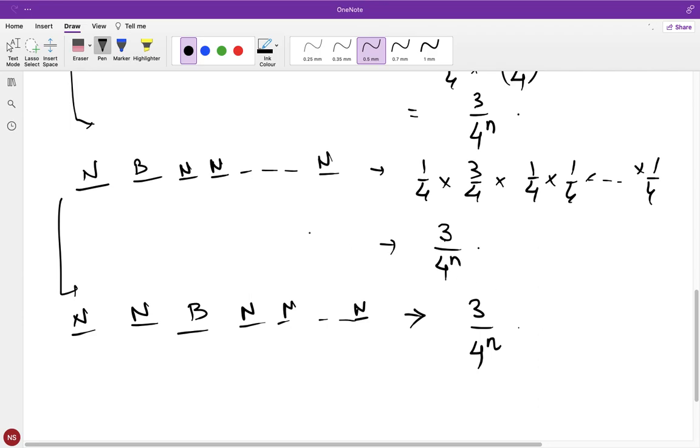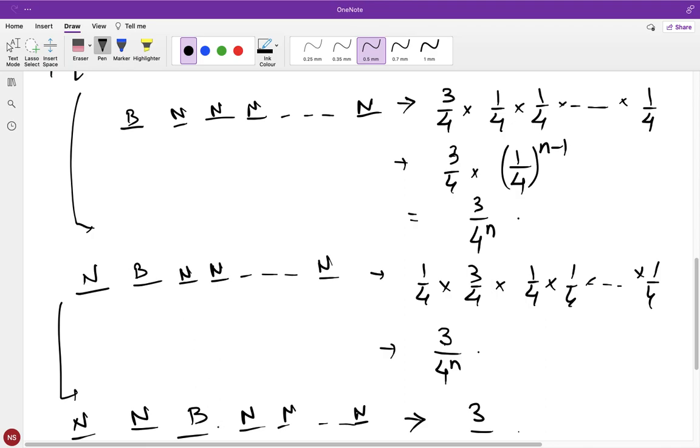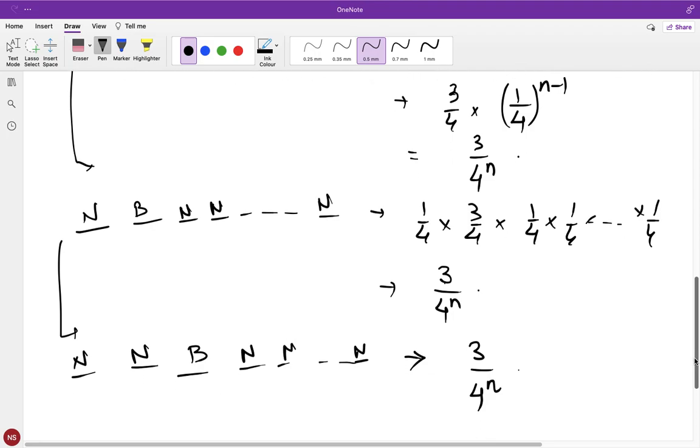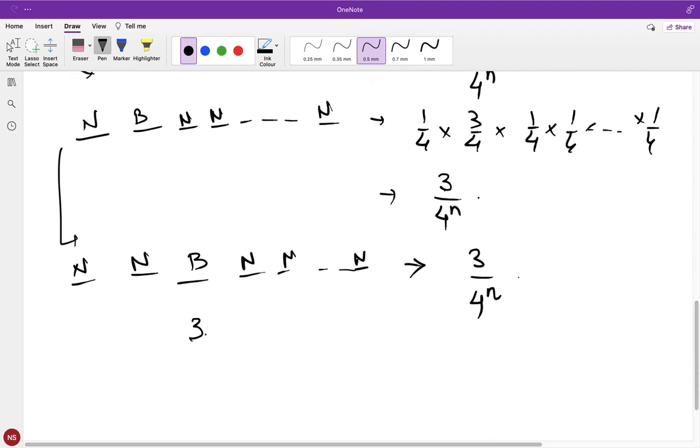How many such cases are there? First bomb hits, or the second bomb hits, or the third bomb hits, or the n minus 1th bomb hits, or the nth bomb hits. So the total probability will be n times this, so 3n by 4 raised to the power n.